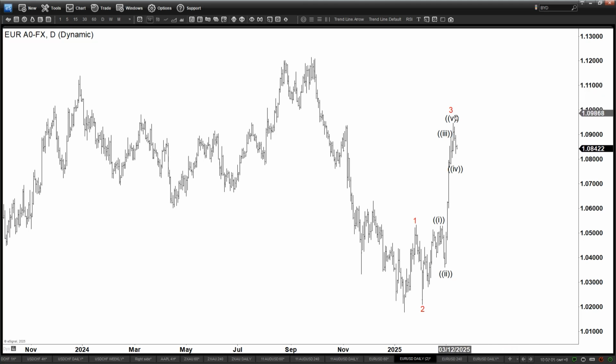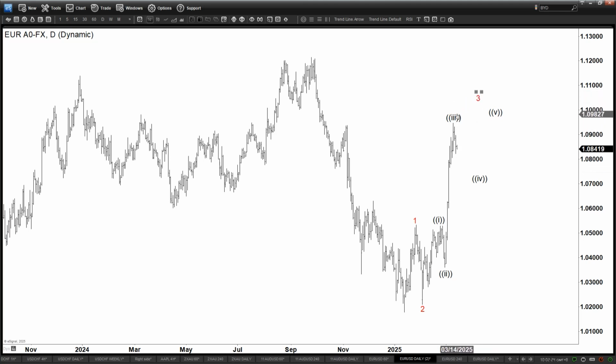But if you look at the daily time frame, it does kind of look better to be like this, to be honest. Look at the size of the 2 in black. I don't see anything similar to this, so it looks to me that this is a better count, which is still more bullish than if it is doing a wave 3.